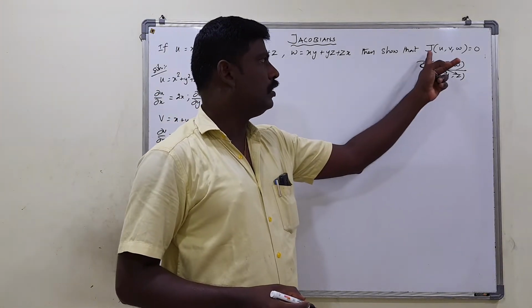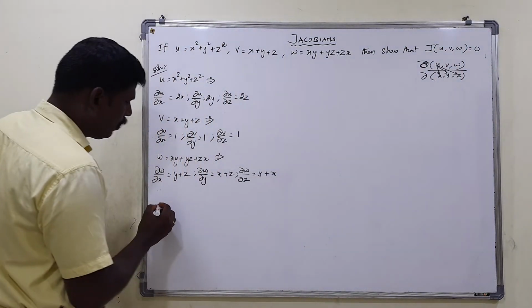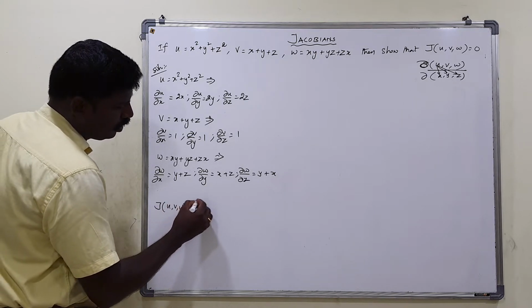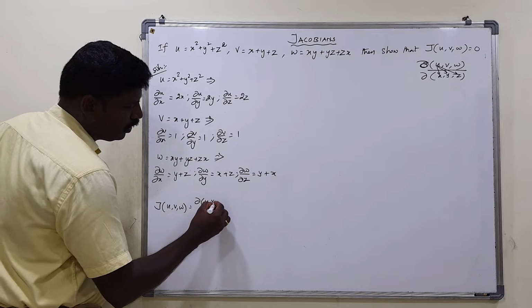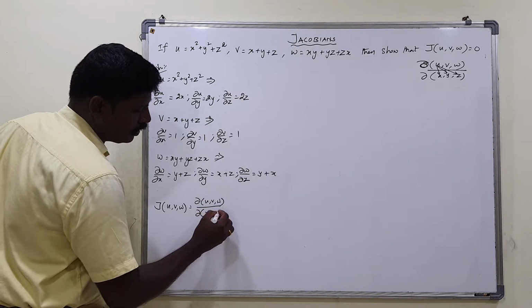So after finding out all these values, we want to prove the Jacobian value of UVW is equal to 0, right? So now I am going to find out the Jacobian of U, V and W, which is equal to dou of UVW with respect to x, y, z.